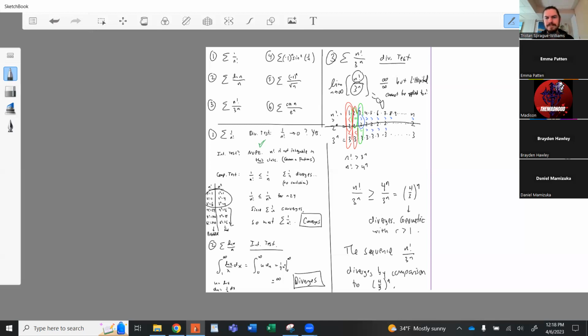So what I presented here is just the idea of doing the divergence test on it, but you can also do a comparison test to something like 4/3 to the n or 1. 3 to the n over 3 to the n is equal to 1. One of those things would work as well.